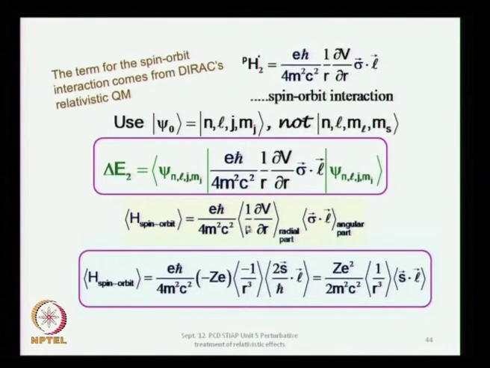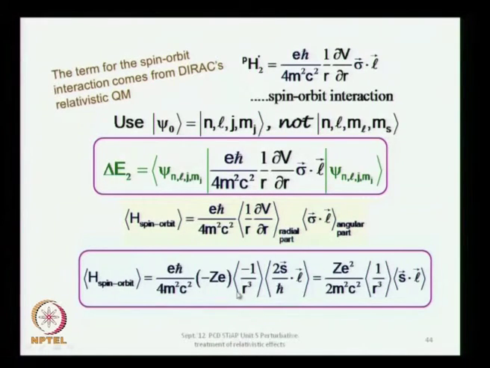So, for this radial integration dV by dr, you know V goes as 1 over r. So, from dV by dr you will get 1 over r square, so you need minus ze over r square.